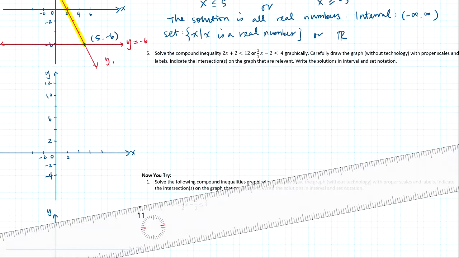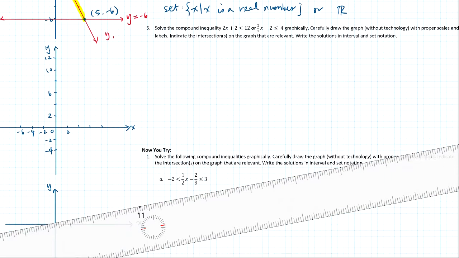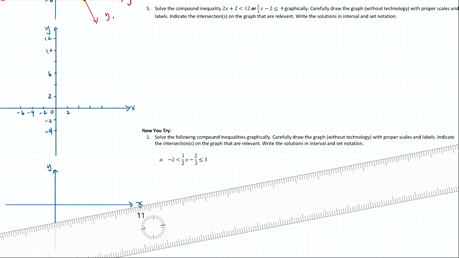And here I have the room, so I'm just going to use the easiest scale over here to fit everything. For the same argument, I'm going to let y1 equal to 2x plus 2 and y2 equal to 2/3 x minus 2.